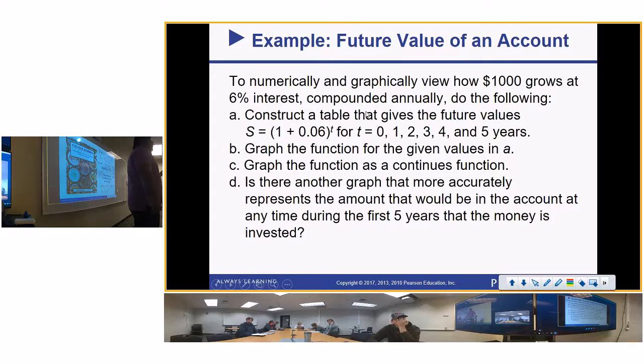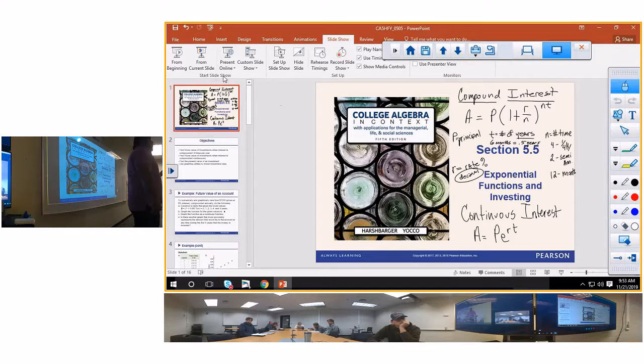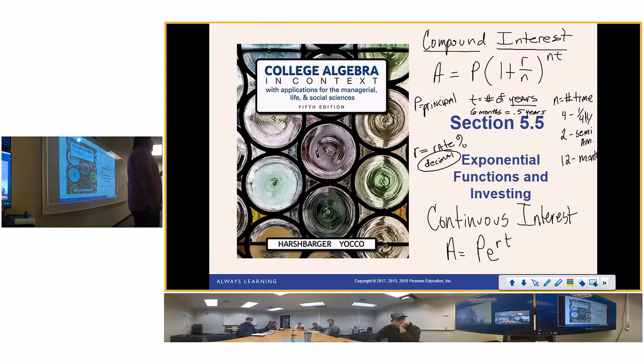Now, the reason they use compounded annually is, let me show you what it does to the formula. If you put in 1 for n, what does it do?